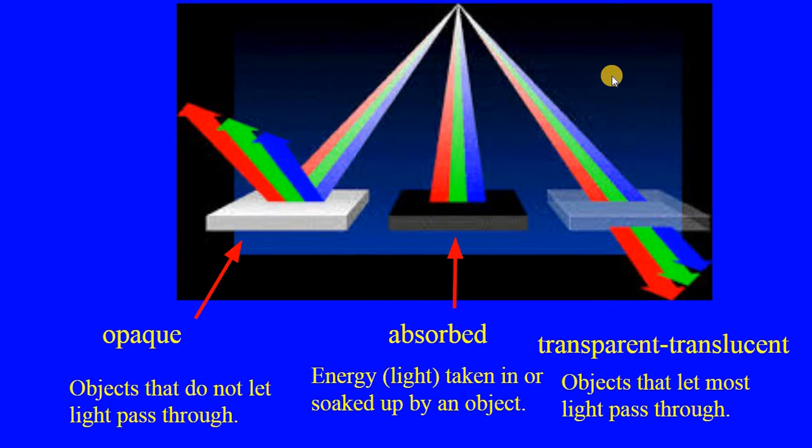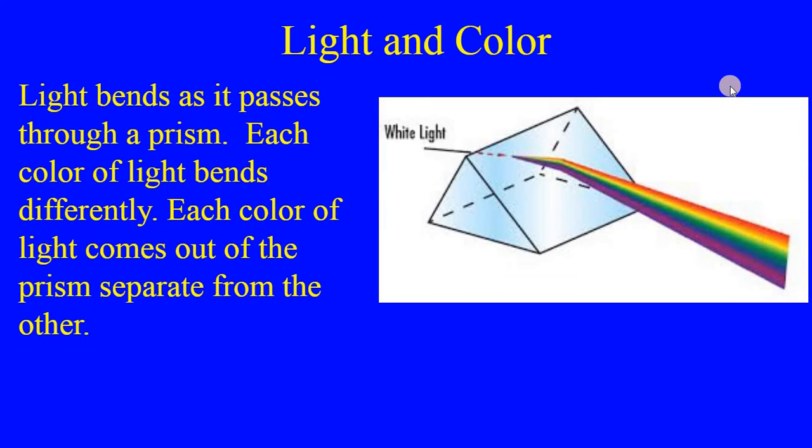But that's how your visible light can get separated. When we separate light, that's where you start seeing the colors of the rainbow. We're going to get to that section next. If you have a prism and you shine a white light through it with a flashlight or any white light out of the sky, it will show you each color of the light as it bends through the prism. Each color of the light comes out of the prism separate from the other, and that's how you get these colors.